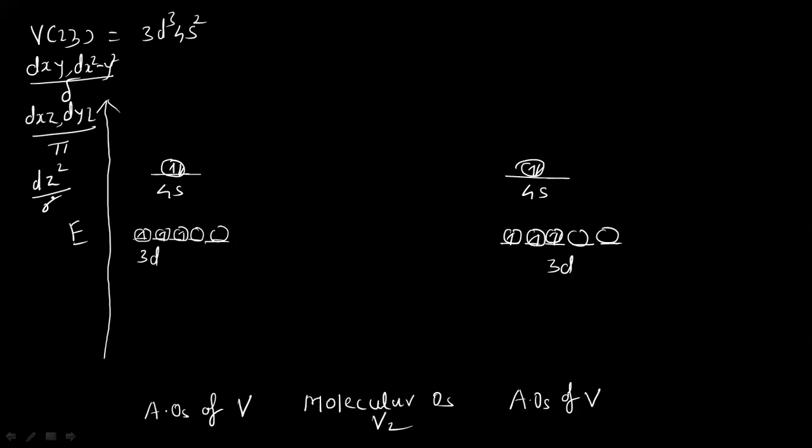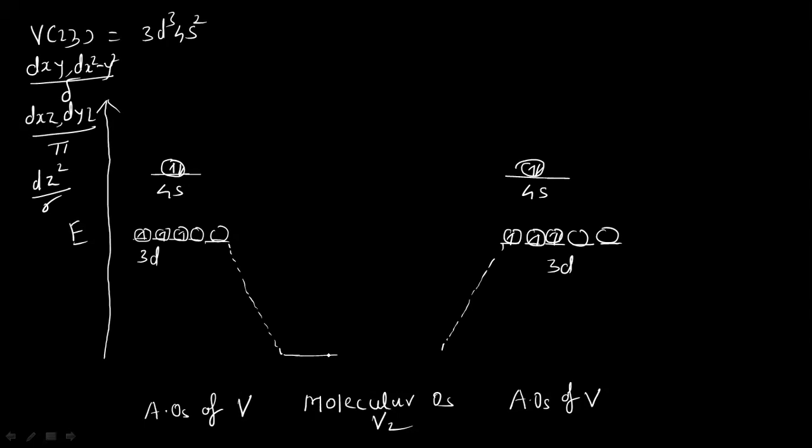First it is the dz square orbital. The dz square orbital of this vanadium overlaps with the dz square orbital. So we can show this overlapping in this way. The dz square orbital of vanadium is going to overlap with the dz square orbital of this vanadium atom, and there is a formation of dz square.